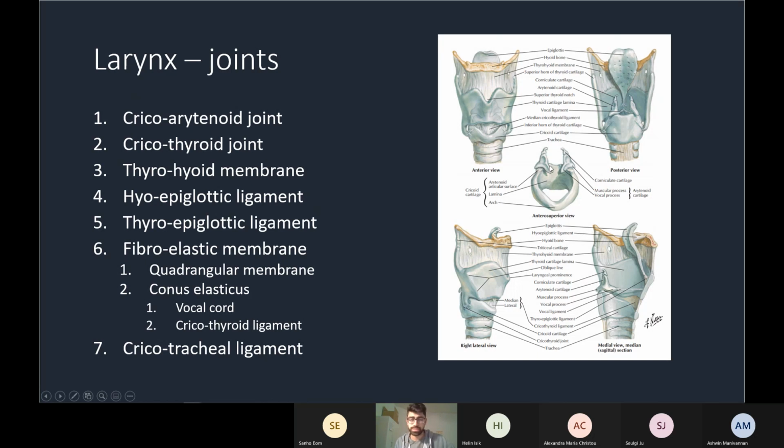So you'll see all the Latin terms in the book. For example, if we're talking about this joint specifically, I won't go into all the detail for all the joints, but for this joint specifically, the book will talk about the arytenoid surface of the cricoid cartilage. So it's a surface on the cricoid cartilage which articulates with the arytenoid cartilage. Okay, that's just nomenclature.